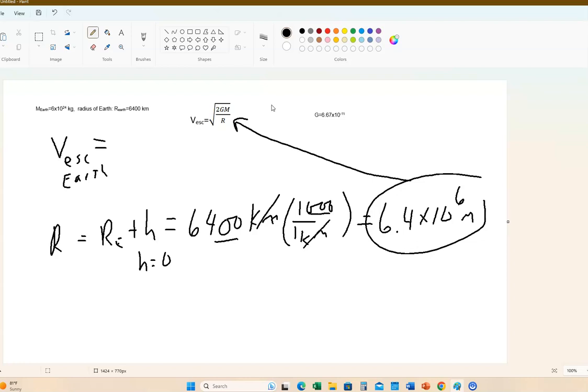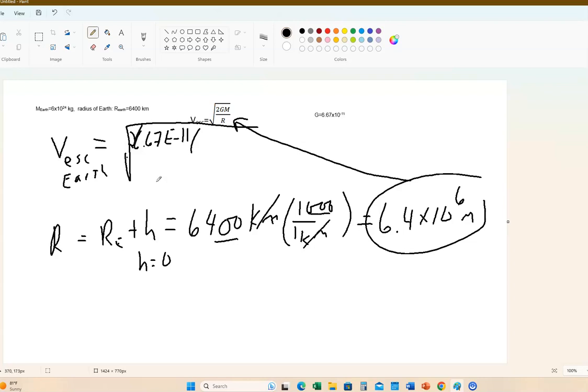All right, so the escape velocity. So we know the mass of the Earth. Let's see if I can squeeze this in here. So it's going to be the square root of 2 times big G, which of course is 6.67, I'll use the E minus 11th. Remember, that means the same thing as times 10 to the minus 11th. Oops, I forgot the 2.